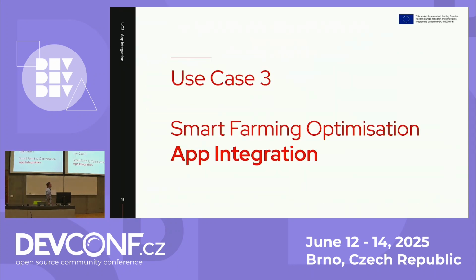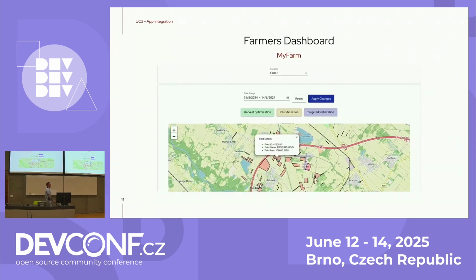So then the application integration. This is really centered around MyFarm. This is the top view of the MyFarm application when he logs in. You can see all of the different fields that he has on his farm, and if you hover over any of the fields, it'll give you basic information about it.